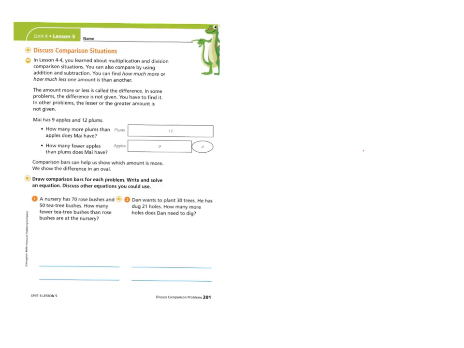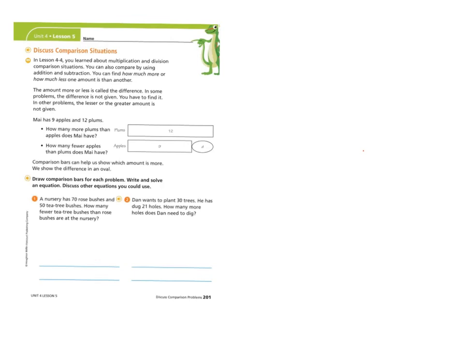So Unit 4, Lesson 5 is a really big unit. And so there's going to be a part 1 and a part 2 because I don't want to assign too many pages in one day. That can be overwhelming because I know you have a lot of other work to do as well. So we're going to do page 201 together. I'm going to explain how to do it. And then your assignment is to do page 202.